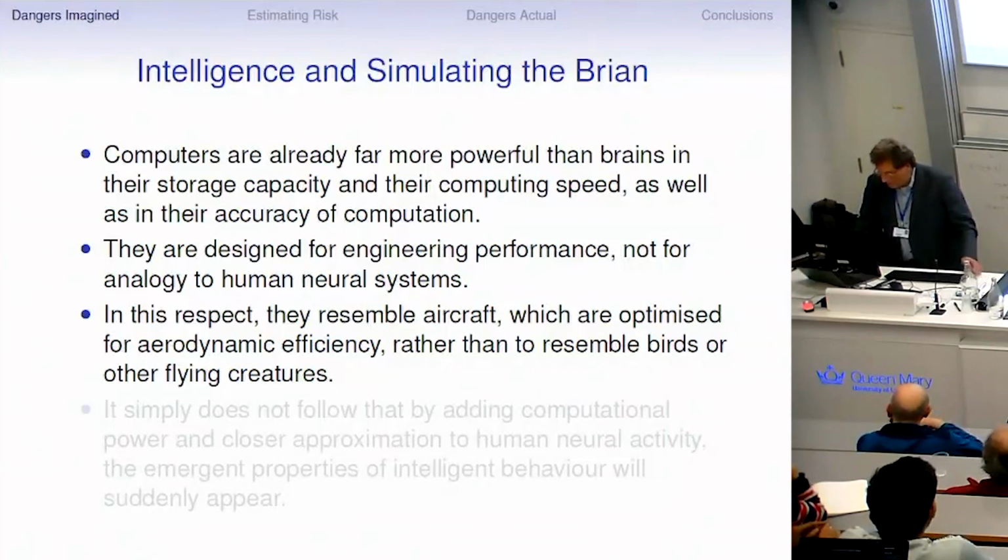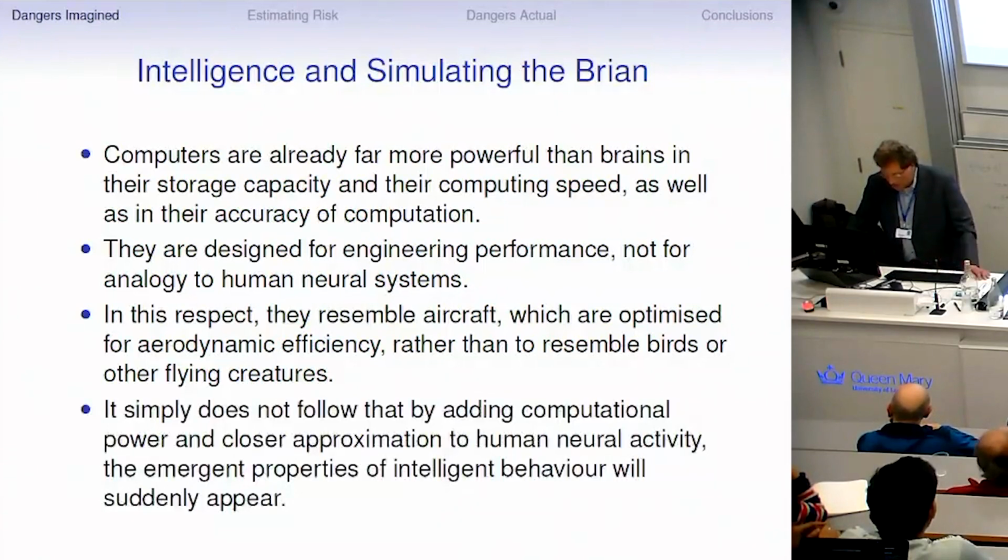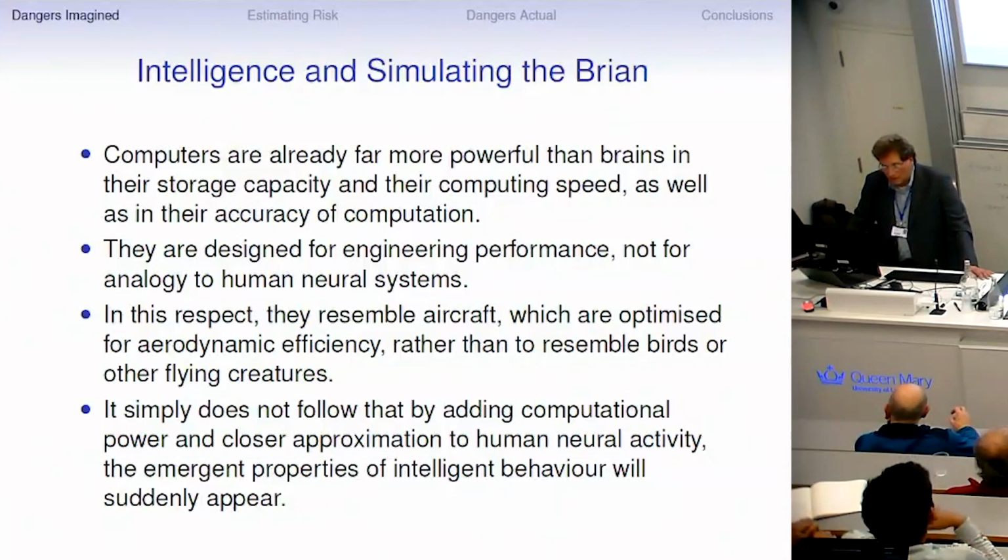Now, why is all this interesting? Because it seems to me this simply strengthens my initial claim that it doesn't follow that by taking vastly increased computational power and even throwing in closer approximation to human neural activity, that we're going to get the emergent properties of intelligent behavior. They're not just going to suddenly appear.